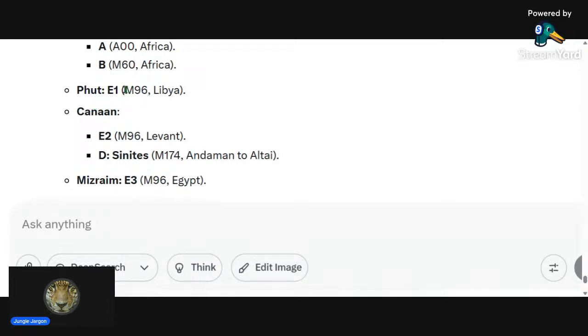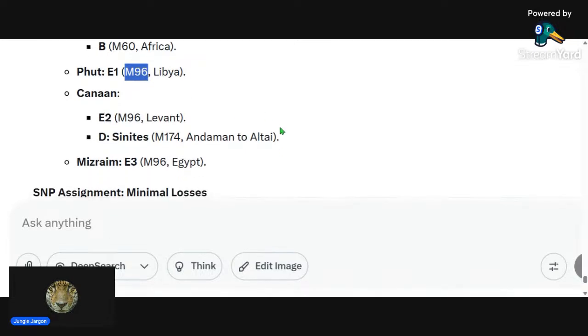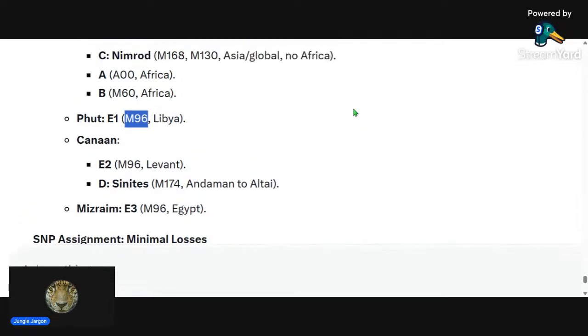Libya is M96. The E2 is M96 Levant. But the E3, where's the E3? M96 too. Okay, that's not separated into E1, E2, and E3.